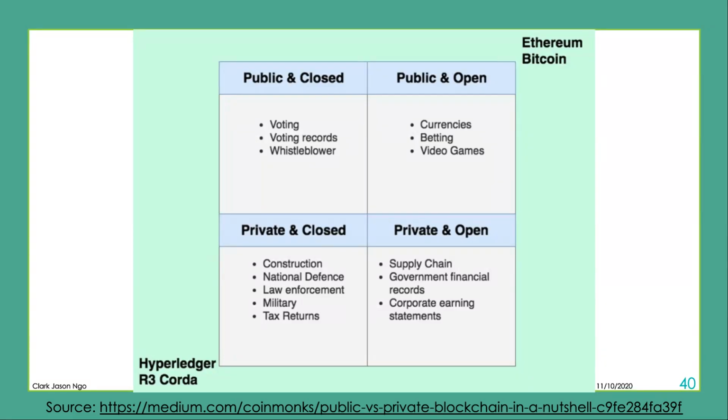We don't want public servers to interact with the voting information. Private and open, right? So that is through invitation and also peer to peer, right? And that helps us with tracking food source. Private and closed, we don't want anyone to see it, right? And usually we use the critical infrastructures on that one. Okay.